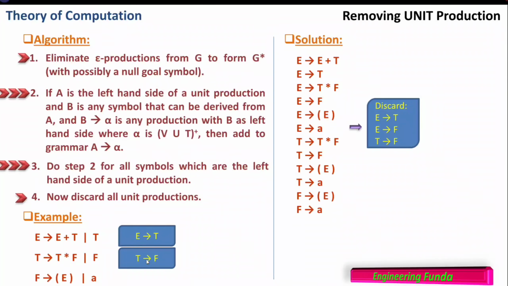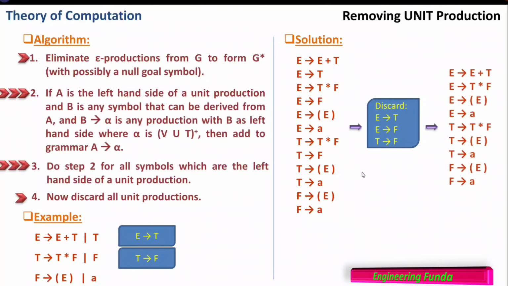Look at this, my dear friends. We started with a grammar which had only 2 unit productions, but during the process we found that another unit production was added, and we have removed that also. We have to discard that too, and our final grammar will have only 9 productions.